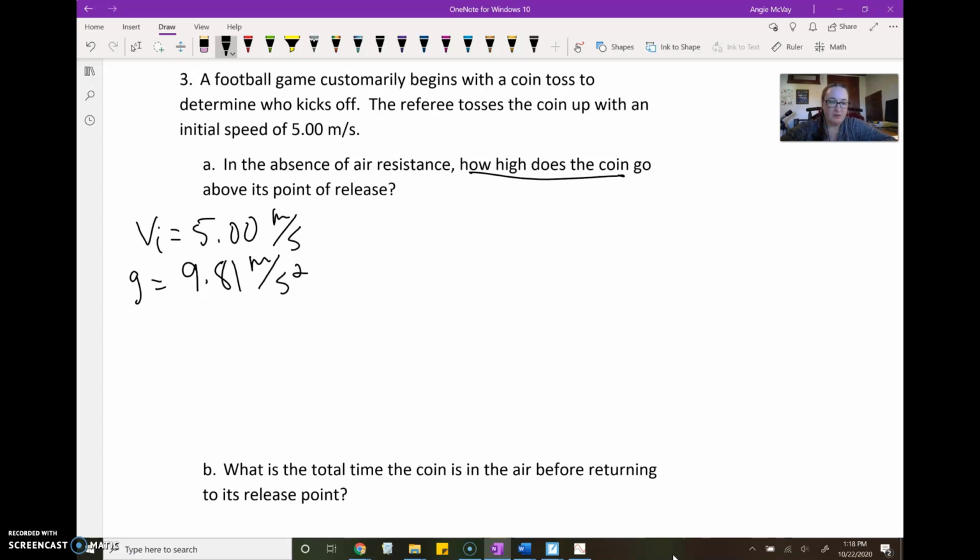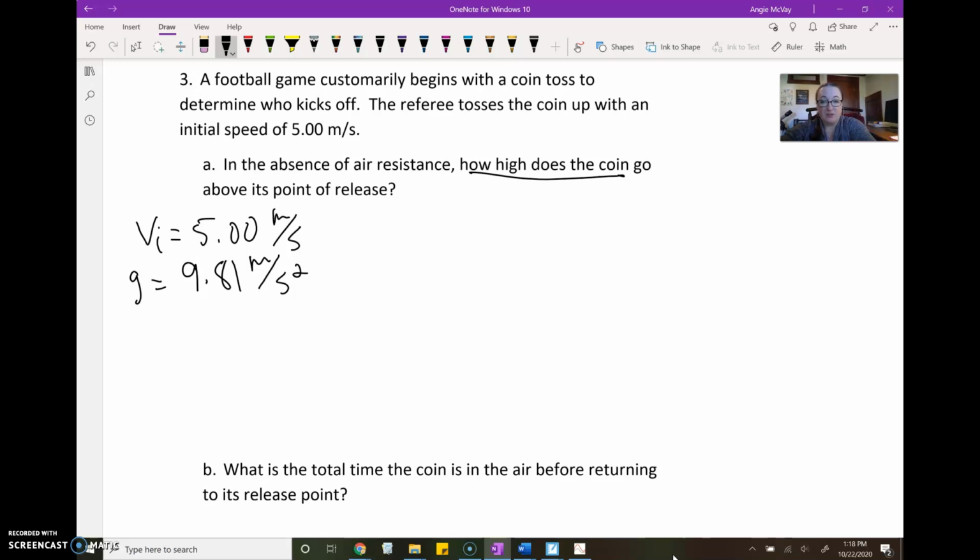Now, if you've ever watched something go up and come down, its motion is such that when the object reaches its highest point, it stops for an instant before it turns around and comes back down.